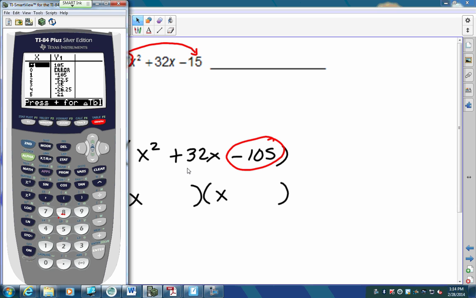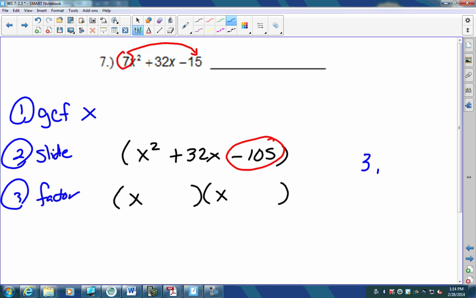All right, here we go. I need the factors that add up together to give me 32. Well, okay, see this. Look, see 3 and negative 35? 3 and negative 35, when you add those together, what do you get? Negative 32, right? So let's switch the signs. Negative 3 and positive 35. That'll give me a positive 32.